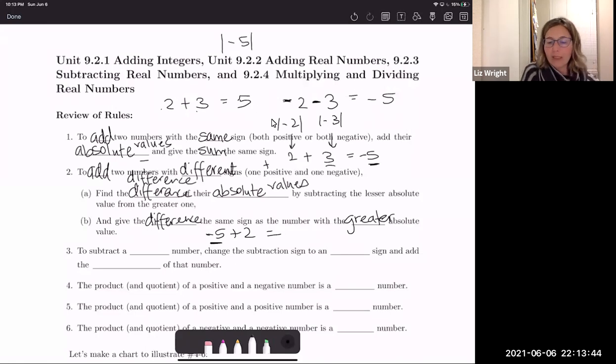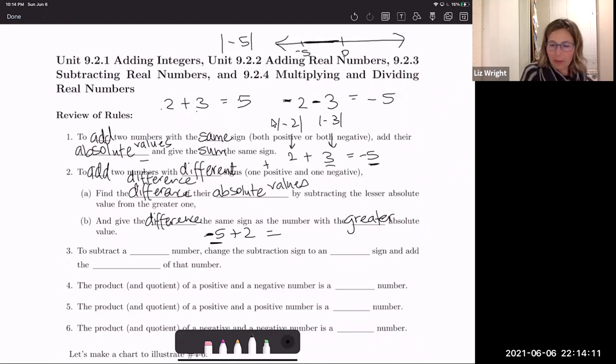It asks the question, what is the distance between -5 and 0? So if -5 was over here, it's saying, what is this distance right here? And you would say it's 5 units. So here, the absolute value of -5 is 5 and the absolute value of 2 is 2. You're saying, well, which one of those absolute values is the larger one? And it's the -5. And so that means the sign of my answer will also be negative.